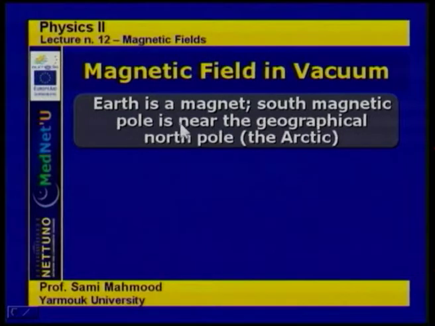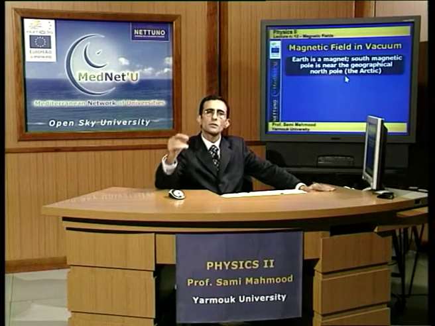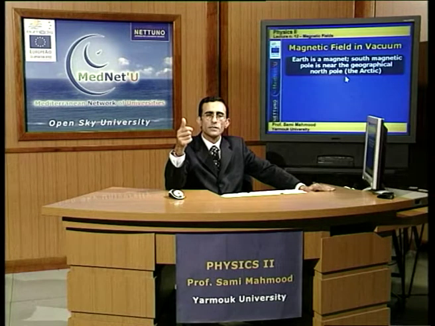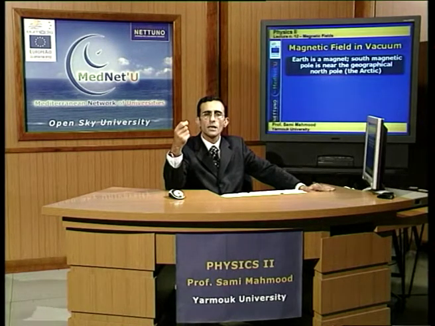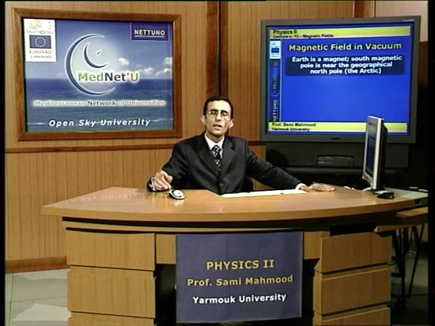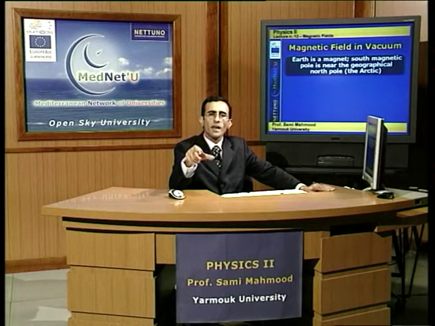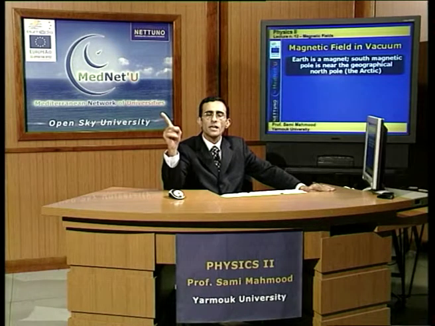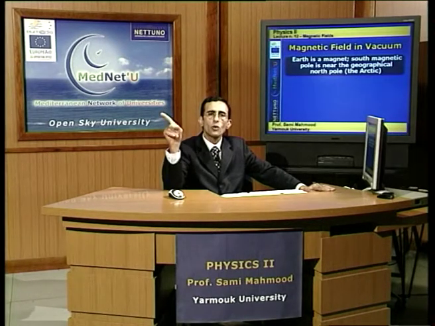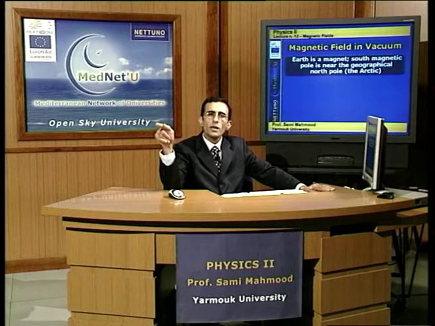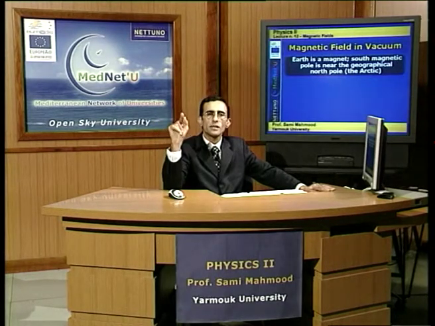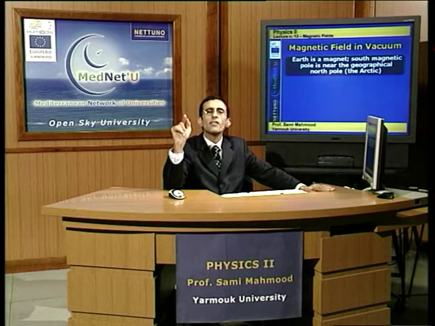And the south magnetic pole of Earth is near the geographical north pole of Earth, near the Arctic. That is because, as we mentioned, dissimilar poles attract and similar poles repel. So if the N pole of a bar magnet is directed towards the geographical north, that means the geographical north should be a south pole of the Earth magnet itself.